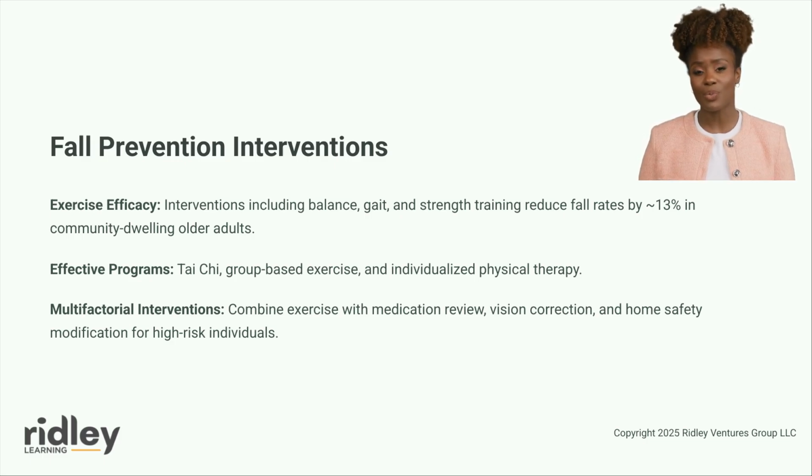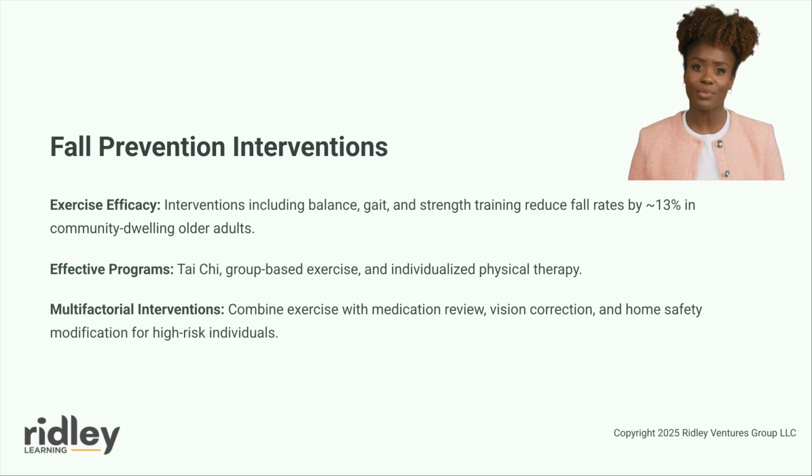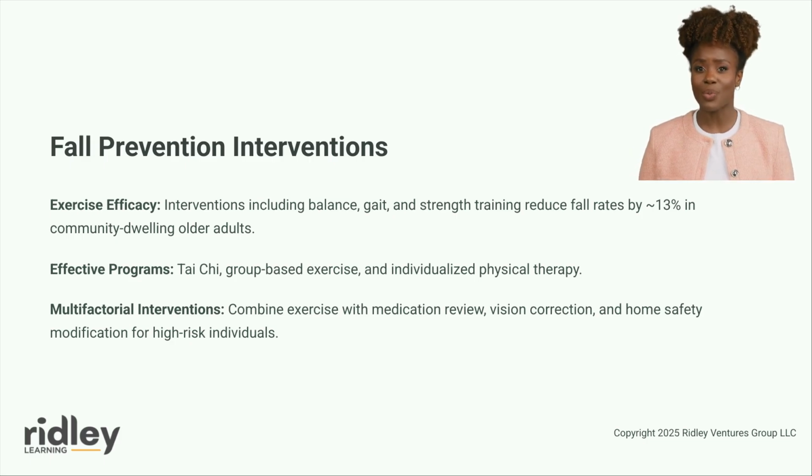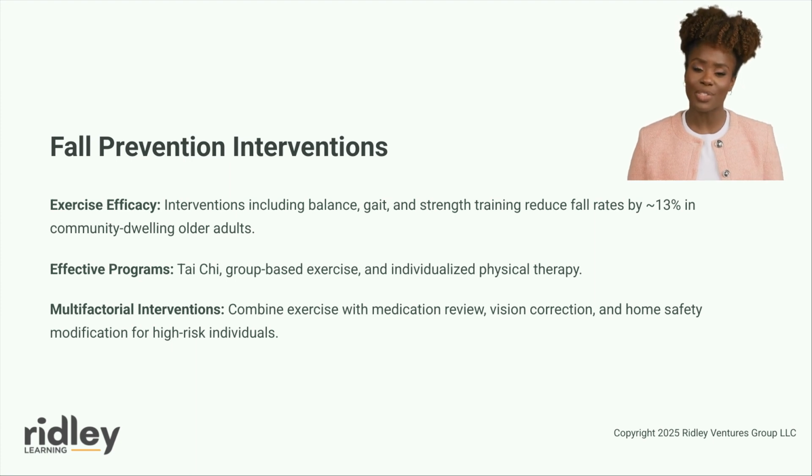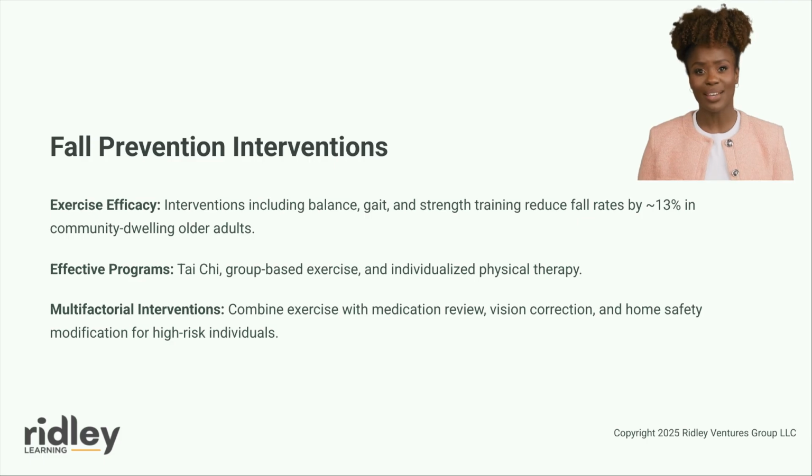Tai Chi, group-based exercise programs, and individually tailored physical therapy interventions have demonstrated efficacy in reducing falls. Multifactorial interventions that combine exercise with medication review, vision assessment and correction, home safety evaluation and modification, and management of medical conditions affecting balance appear effective for individuals at high fall risk, identified through comprehensive assessment.